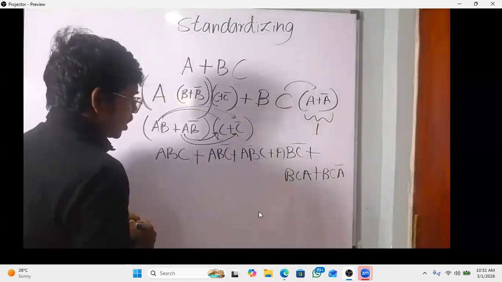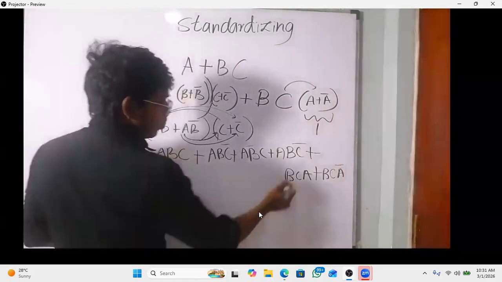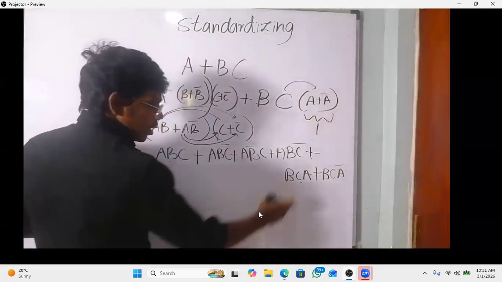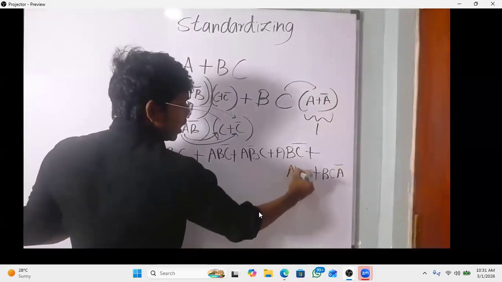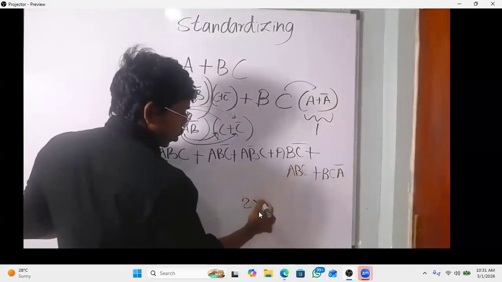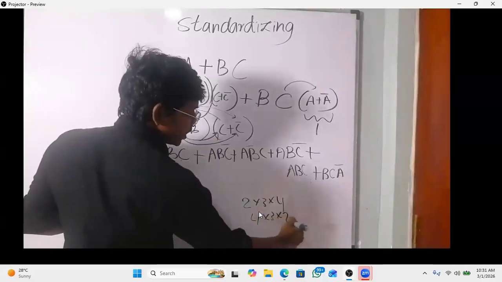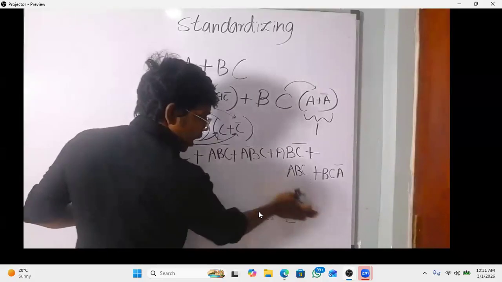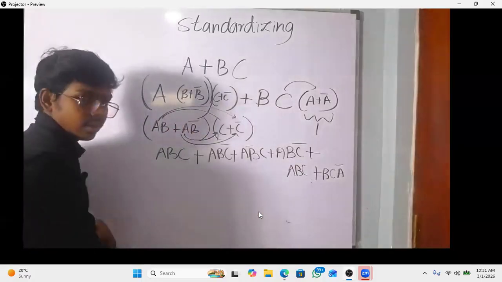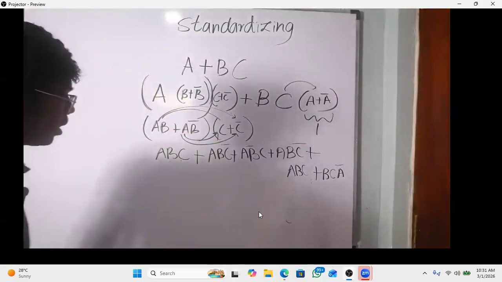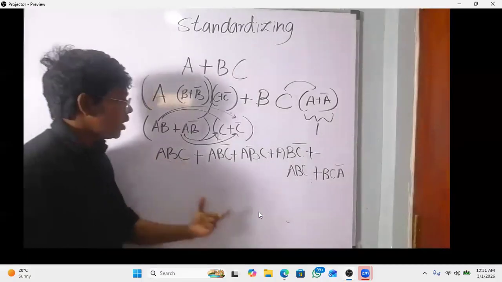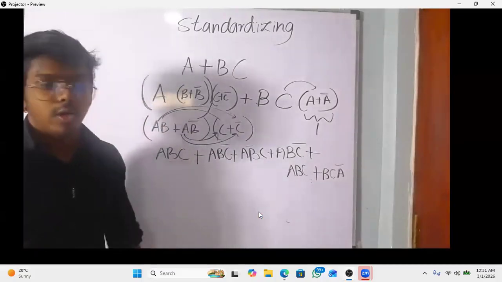Most of the repeated terms are already gone now. Let's see any other repeated terms. See, ABC, BCA, same thing. BCA you can write as ABC, no issue. Why? 2 into 3 into 4 is the same as 4 into 3 into 2. Same thing, same value. So you can flip the numbers. And now you can see this min term and this min term are the same. You don't need two, you only need one.